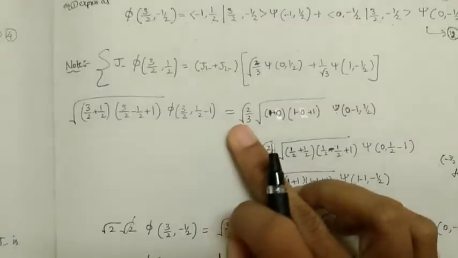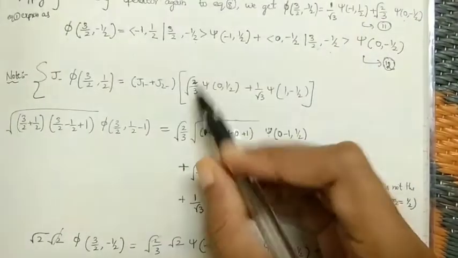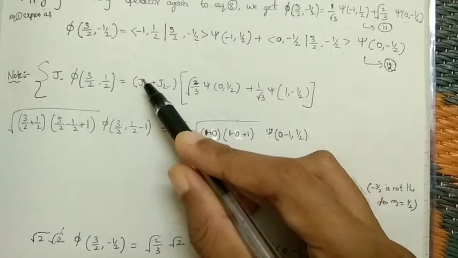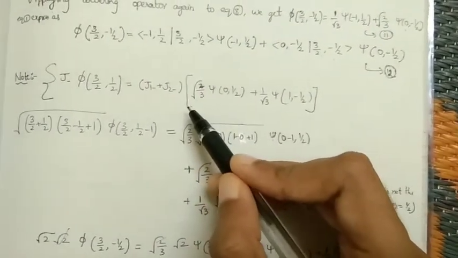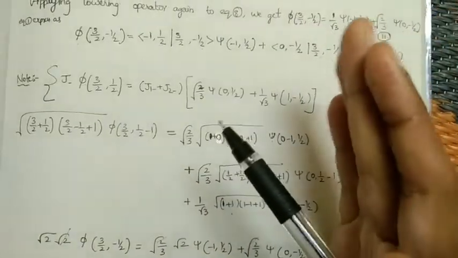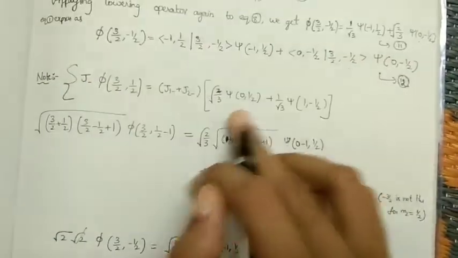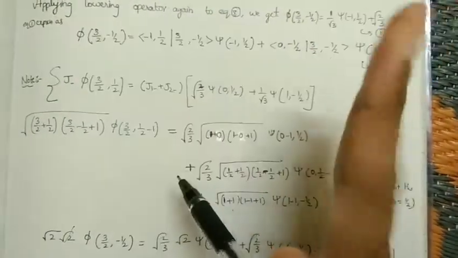On the right hand side, if we consider first operating j1 minus, this is of the form (a plus b) into (c plus d). We would have 4 possible terms: ac plus ad plus bc plus bd.